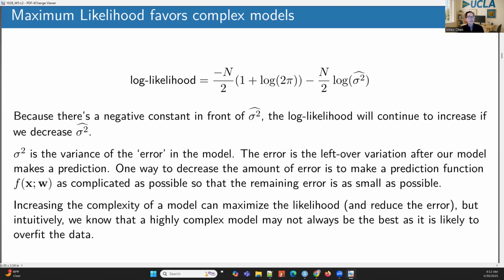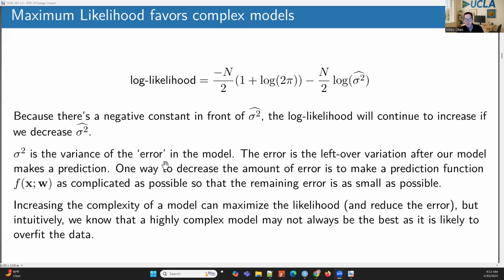And when we think about what is the error in our model, that's basically the leftover variation after our model makes a prediction, right? So it's how different are the actual values from our predicted values, okay?